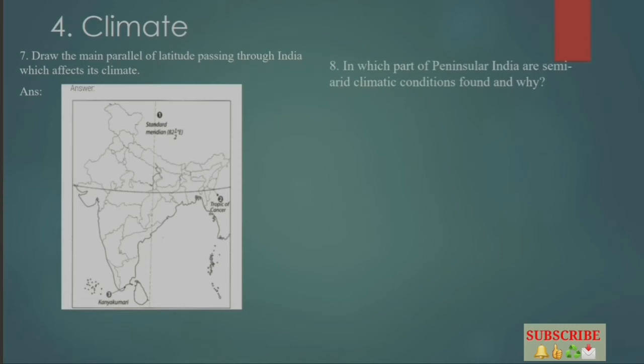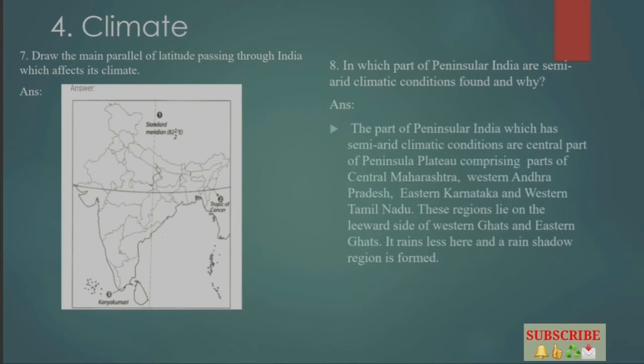Now the next question: in which part of Peninsula India are semi-arid climatic conditions found and why? The answer is the central part of the Peninsula Plateau, comprising parts of central Maharashtra, western Andhra Pradesh, eastern Karnataka and western Tamil Nadu.